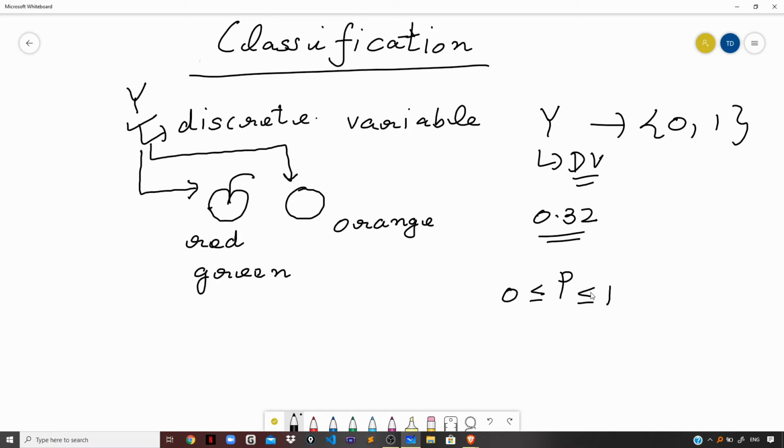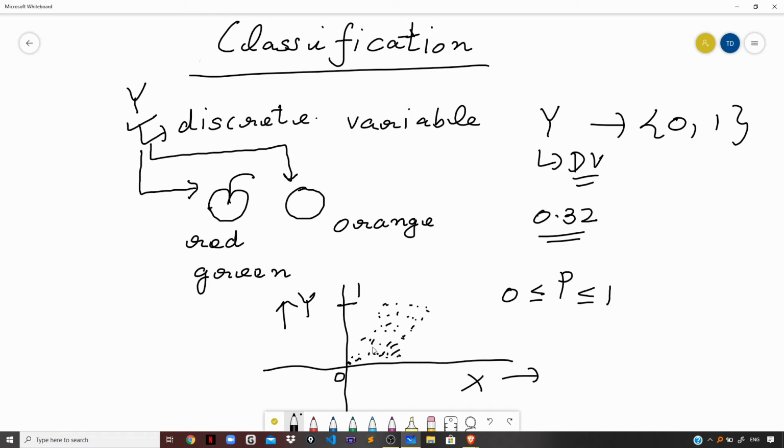So let us understand this in detail. Let us try to use linear regression to understand this. I will plot the input variable x along the x-axis and the output variable along the y-axis. Now let us assume some point density for which y is 0 and y is 1. So let the point density be something like this.